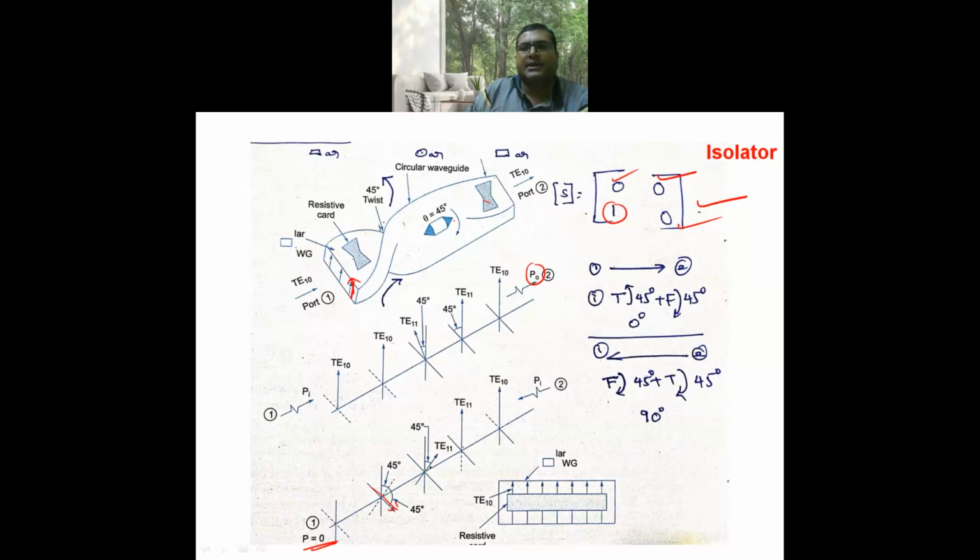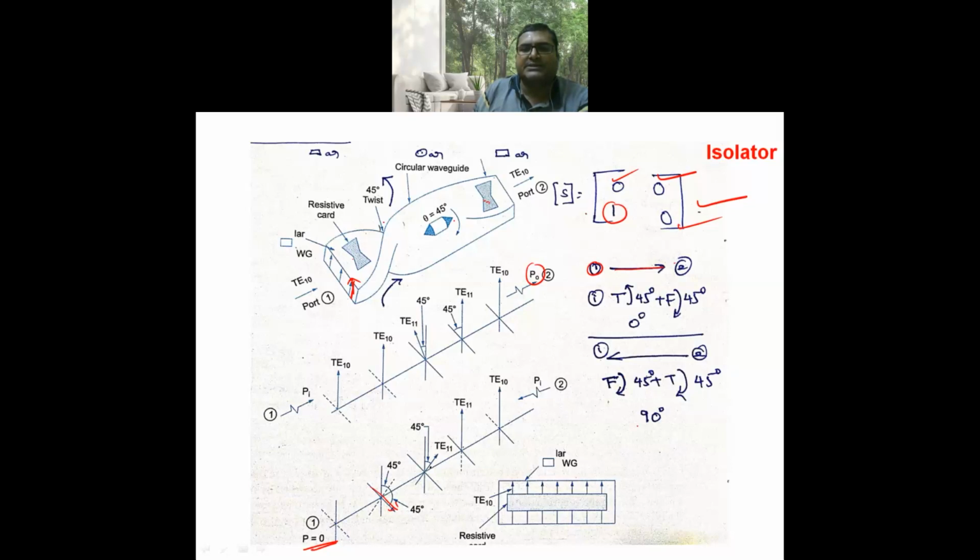You can observe when the signal is traveling from port 1 to port 2, the twist offers 45 degrees anti-clockwise, the ferrite offers 45 degrees clockwise, and the overall phase shift is 0. So the two resistive cards in the same plane will allow the electromagnetic wave to pass through them. And when the electromagnetic wave is traveling from port 2 to port 1, the twist rotates the polarization by 45 degrees in clockwise direction, and the ferrite rod rotates the polarization by another 45 degrees.